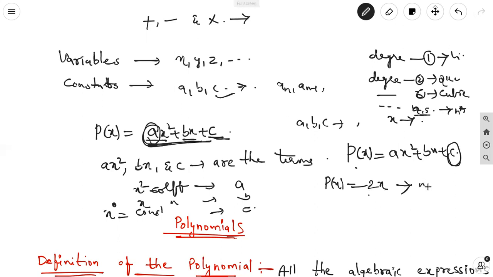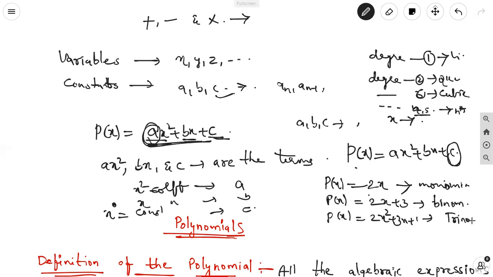If there is one term, the polynomial is called a monomial. If the polynomial has two terms, like 2x plus 3, it is a binomial. If the polynomial has three terms, like 2x squared plus 3x plus 1, it is called a trinomial. If the polynomial has more than three terms, it is called a multinomial or polynomial. These are the basic concepts we discuss in polynomials.